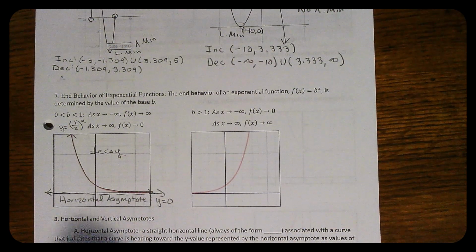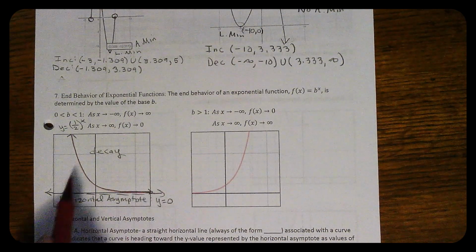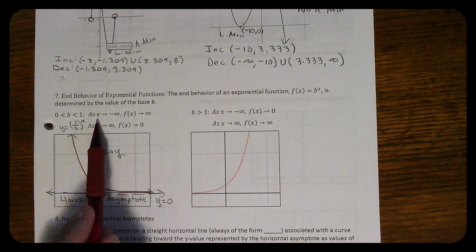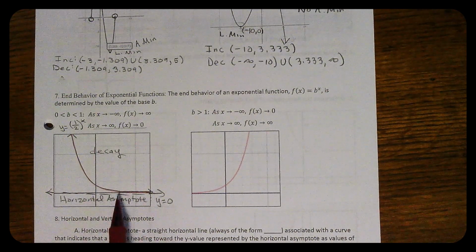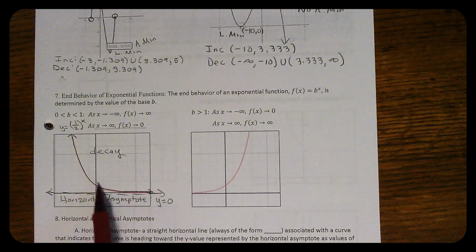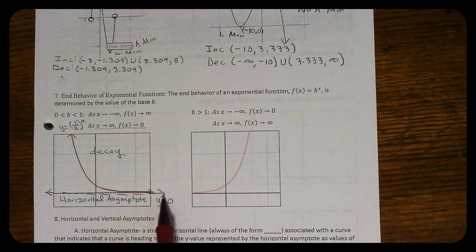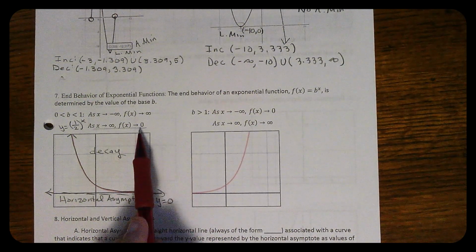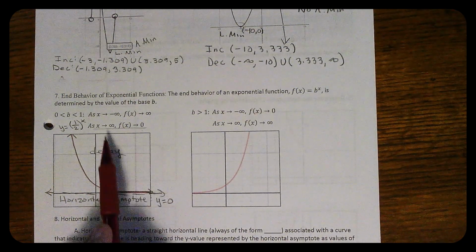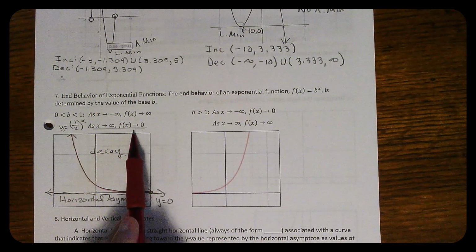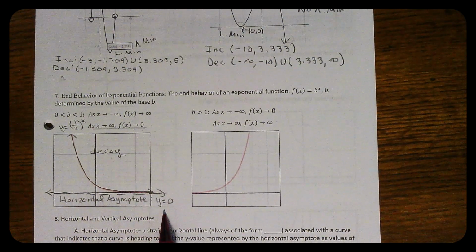So when you see this graph, as x gets bigger and bigger and bigger, y is getting smaller and smaller and smaller. And where's it trying to get to? It's trying to get to 0. So as x goes to infinity, f of x goes to 0 with this horizontal asymptote y equals 0.